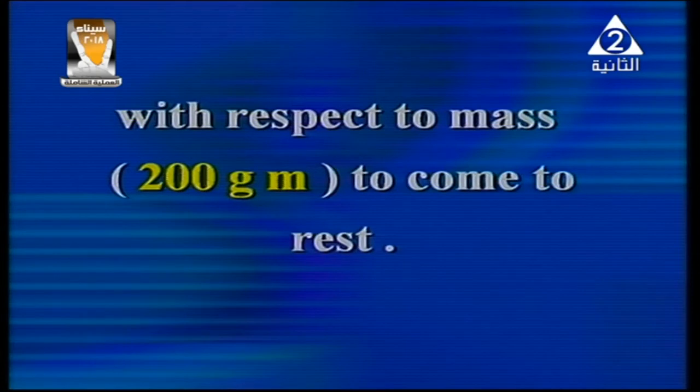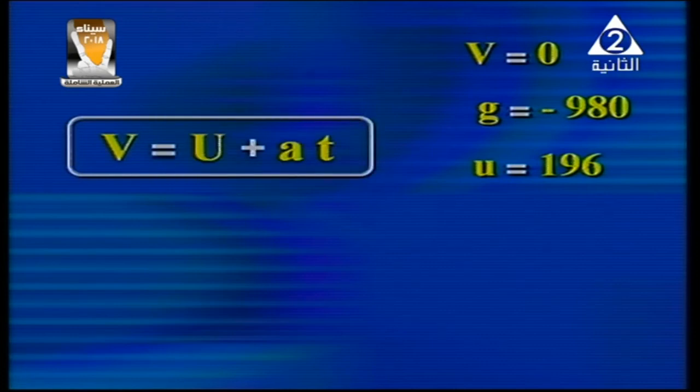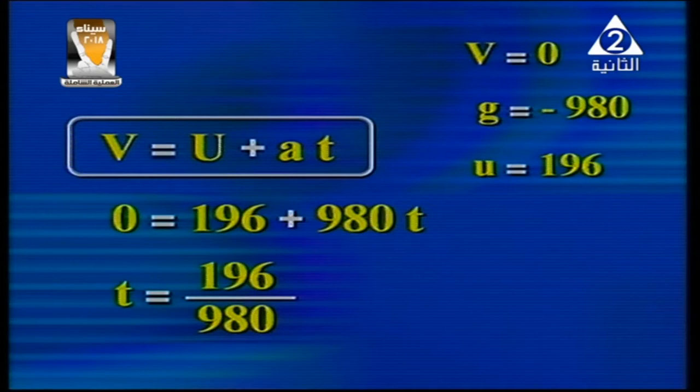With respect to the mass 200 gm, it comes to rest. Then what is given? v equals 0, g equals negative 980, initial velocity 196. By substitution in the first, v equals u plus gt, then find the value of t: t equals 196 over 980 equals 1 over 5.